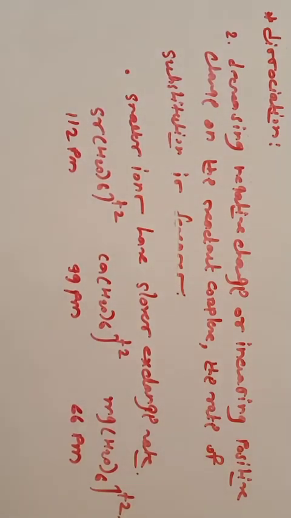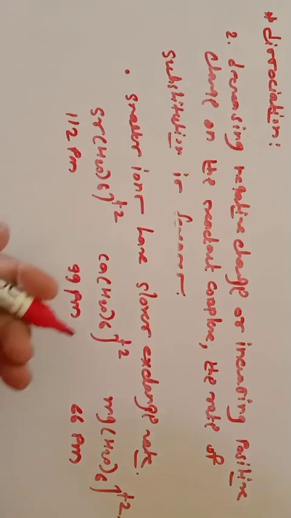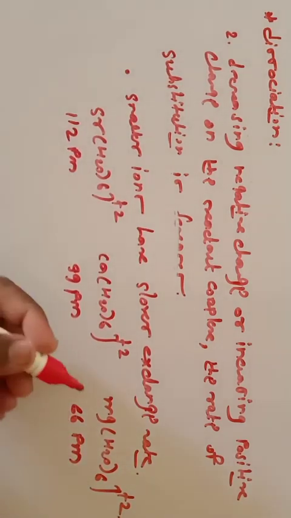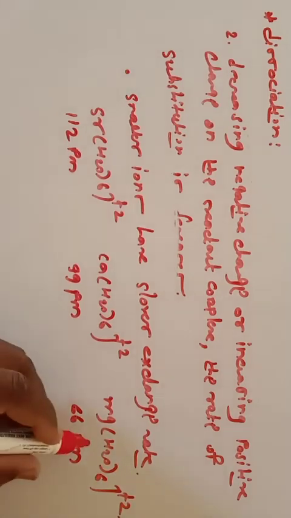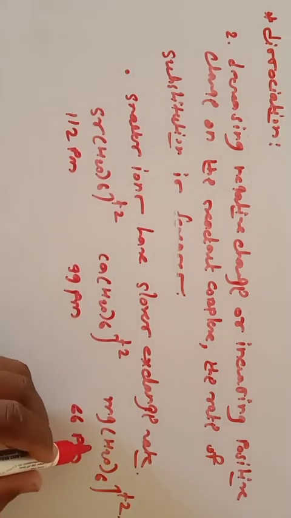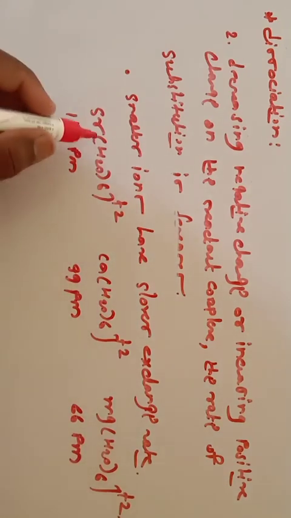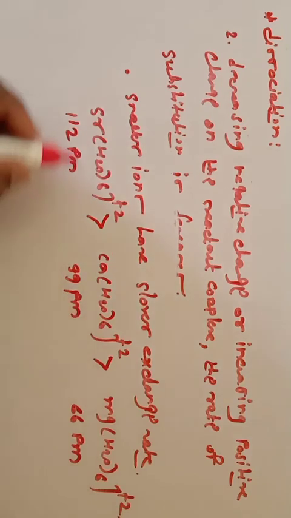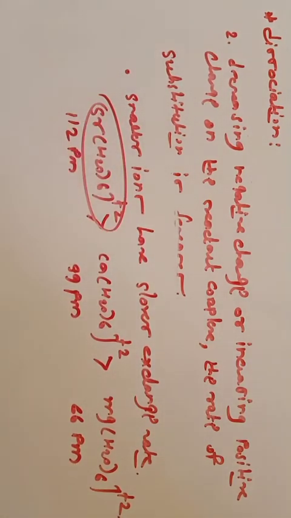The nucleus exerts more charge on these ligands, so there is a strong interaction between the metal atom and the ligands because of the small size. Therefore the rate of ligand substitution is very low in the magnesium complex as compared to the calcium and strontium complexes. So the strontium complex has the maximum rate of substitution as compared to calcium and magnesium.